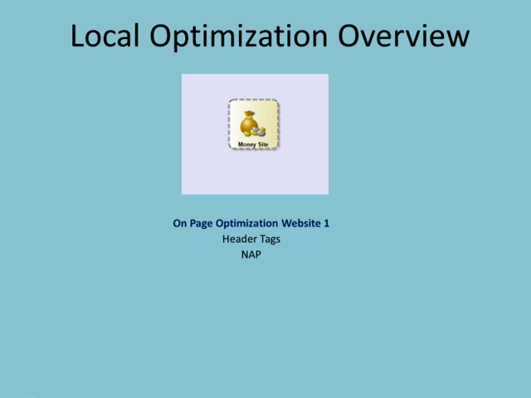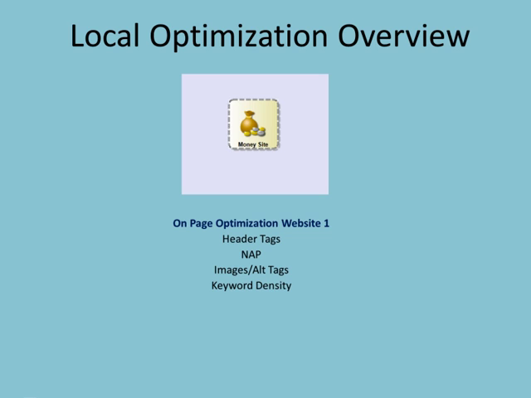We want to make sure that we have your name, address, and phone number down correctly, exactly the same as it is on your Google Local Plus page. We want to make sure that we have images, and those images are properly tagged with keywords so that search engines understand what those images represent. And most small business, local business websites do not have their images tagged properly.